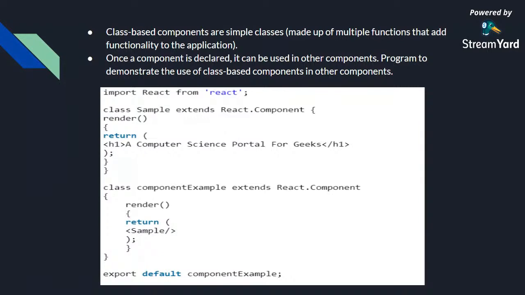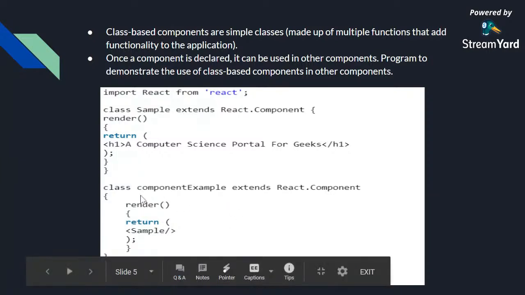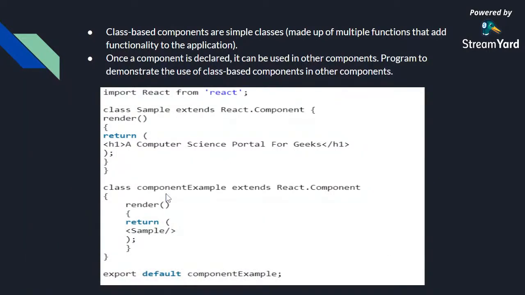React is the main package from which we extract React.Component to define this sample class. Now, we can see that it returns "a computer science portal for geeks." It's just a heading. It returns that. And how can we use this particular class component in another component? So this is another component called component example.